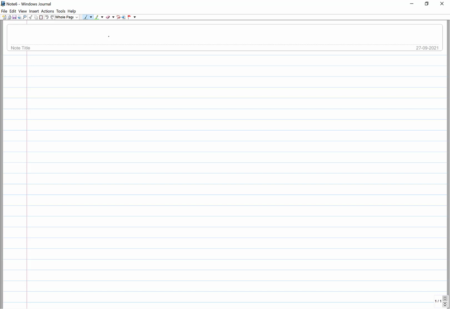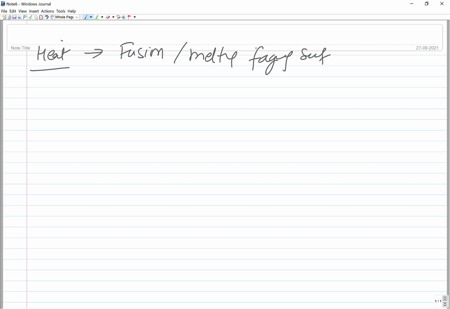Now, what is the purpose of applying the heat in joining? So you have seen the processes, like the approaches, you can say. So the fusion is one. The heat in fusion welding is used for fusion or melting the faying surfaces, or the edges of the components to be joined. This is one.